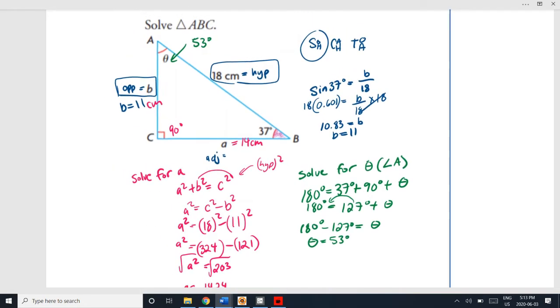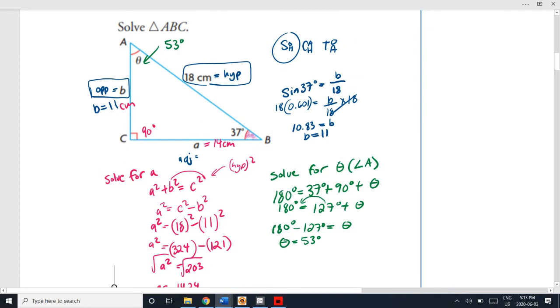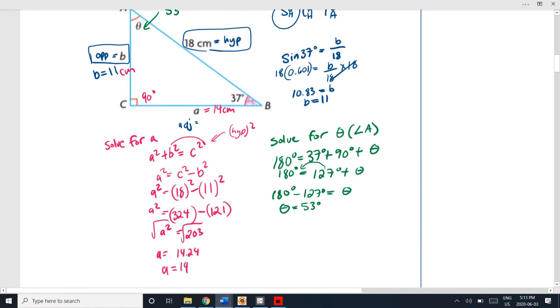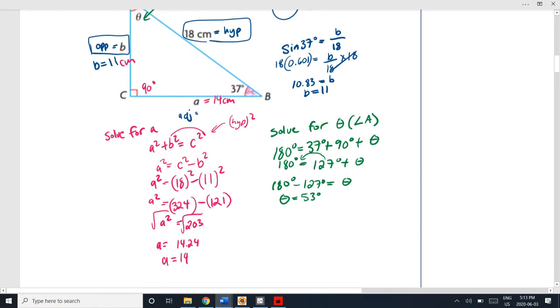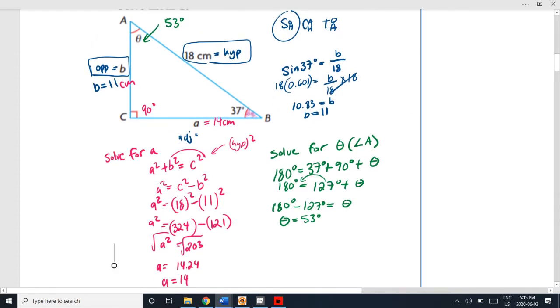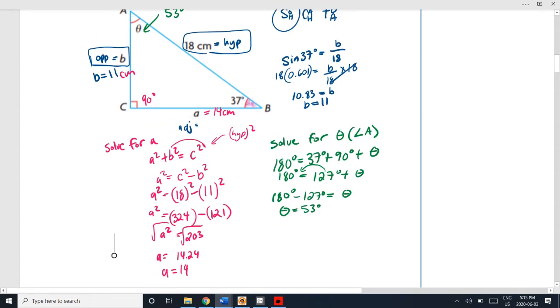We know all the side lengths, and we know all the angles. Sometimes it's helpful just to list all of them. We know side A is equal to 14 centimeters. Side B is 11 centimeters. Side C, the hypotenuse, is 18 centimeters. Angle A, we calculated. That's the big A, also known as theta in this case.